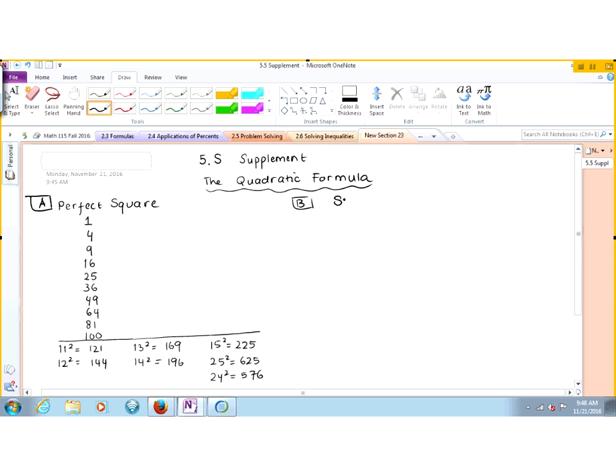So the second thing that we're going to do is simplifying square roots. We're not talking about cube roots or anything like that. Simplifying square roots.